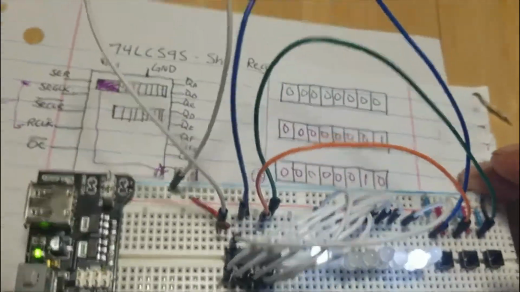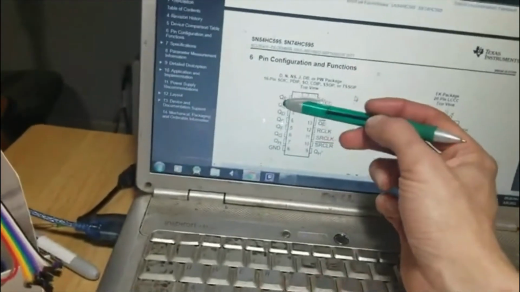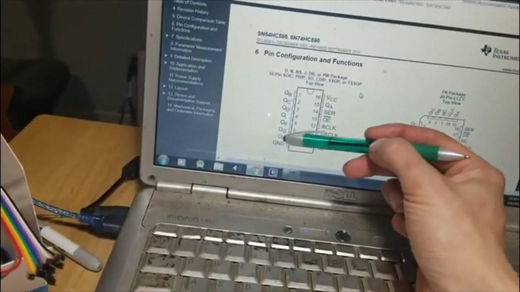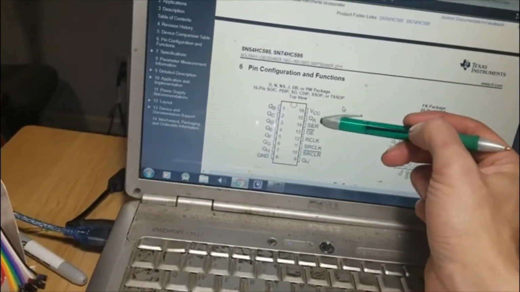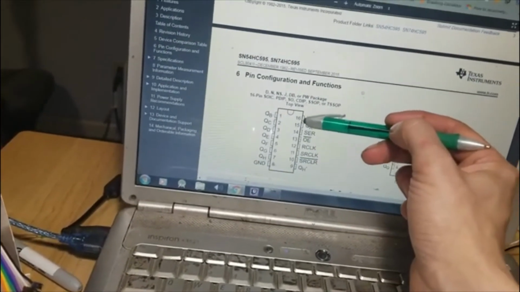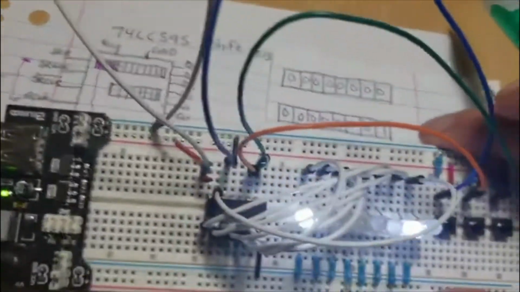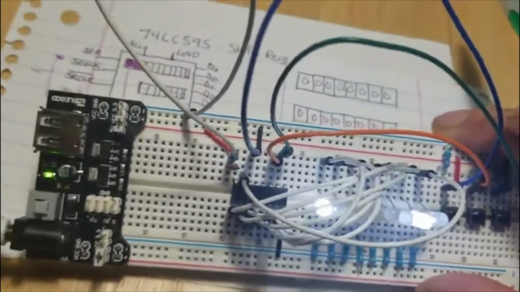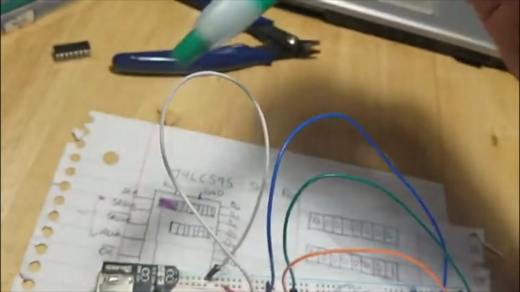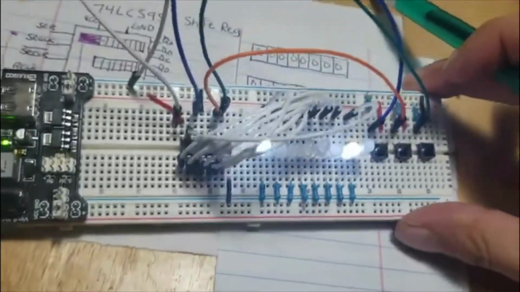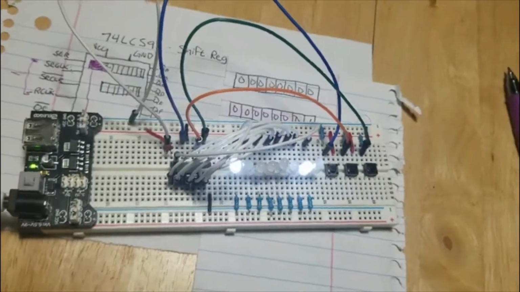We've got all of these outputs on the one side, and then the ground, and then way over here we've got an input to this QA, and that's what we see down here with these white wires. Not this one, but all the rest of them. And that's what that is.